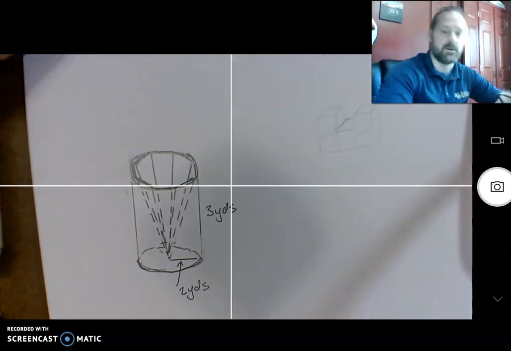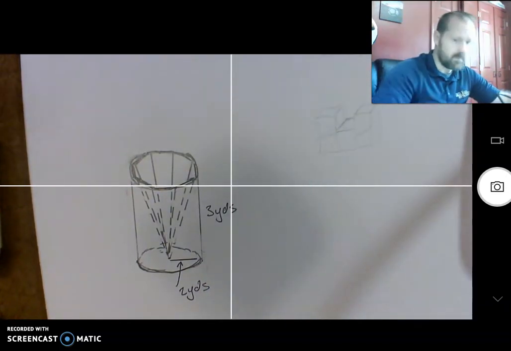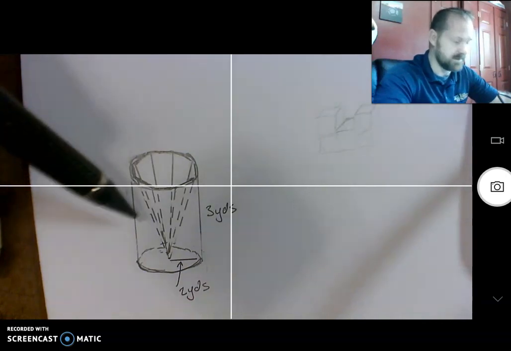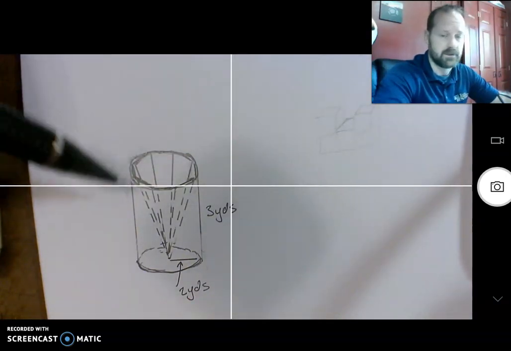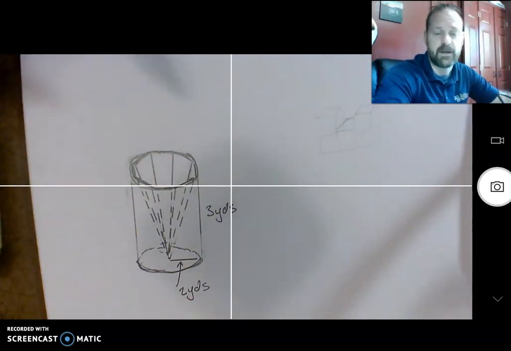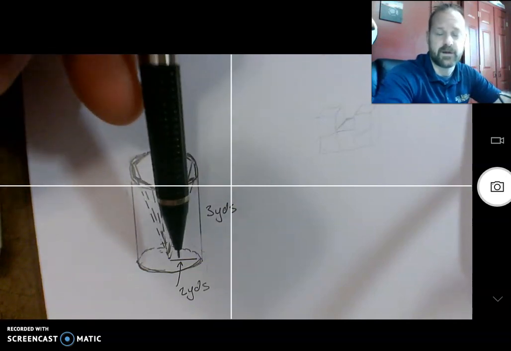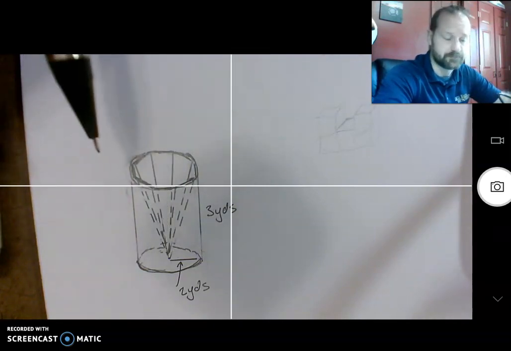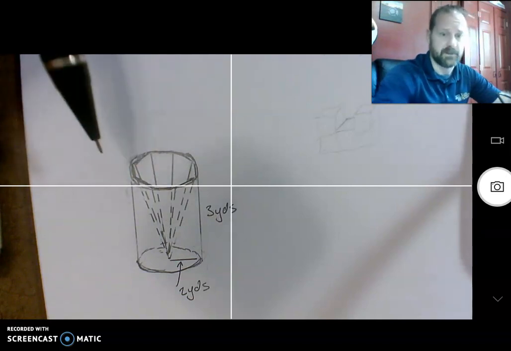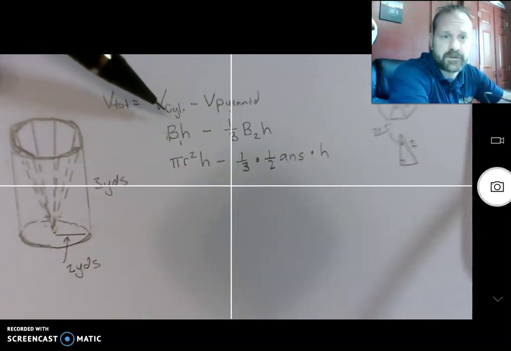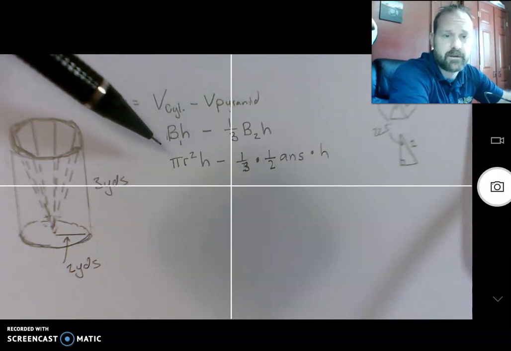So let's work it. How do we do this? Well, this is going to be the volume of the cylinder minus the volume of the hexagonal pyramid.